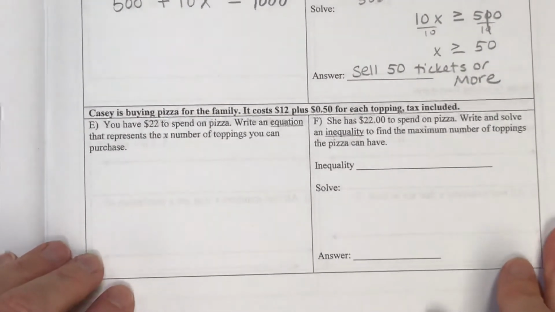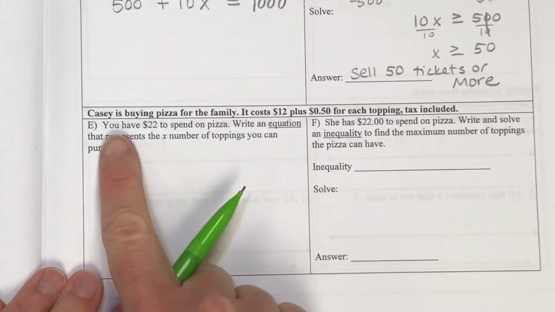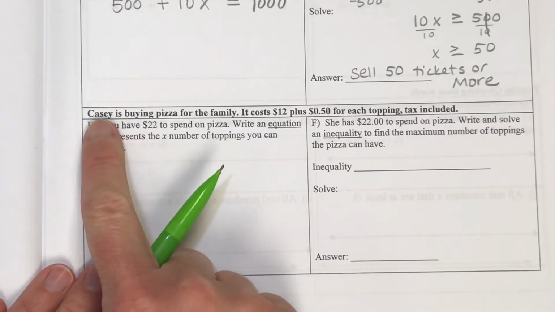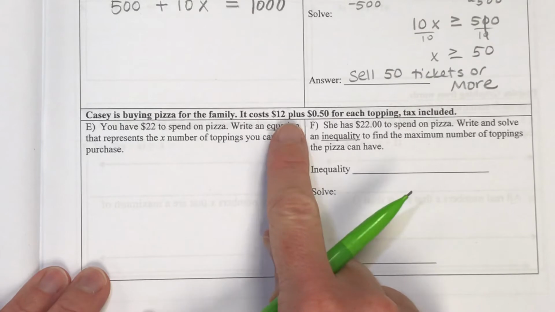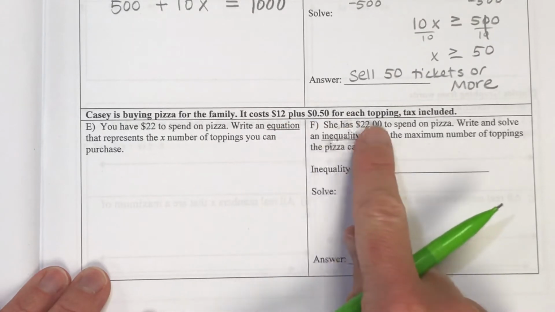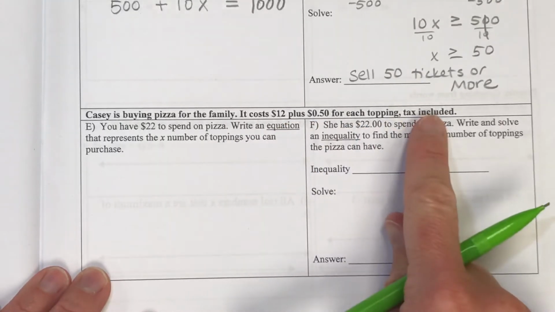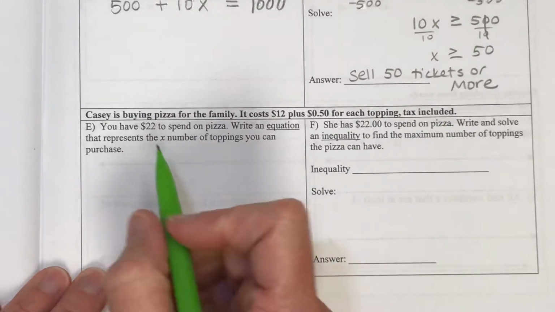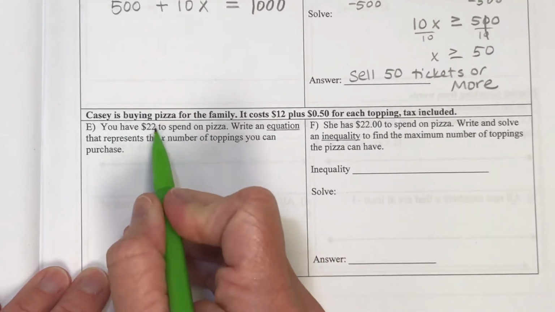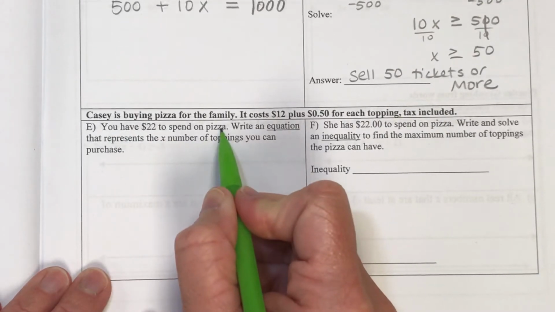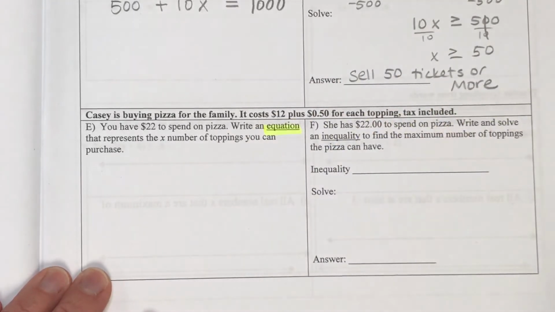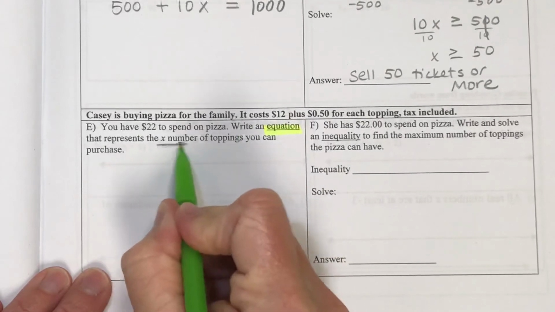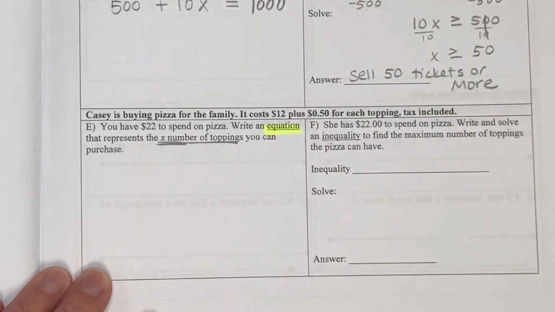Now for my very last example on this page, again, my scenario will change to this. Casey is buying pizza for her family. It costs $12 plus 50 cents for each topping, and taxes are included in that $12. For letter E, it says you have $22 to spend on that pizza. Write an equation, so this is going to have an equal sign, that can represent X number of toppings for that pizza.